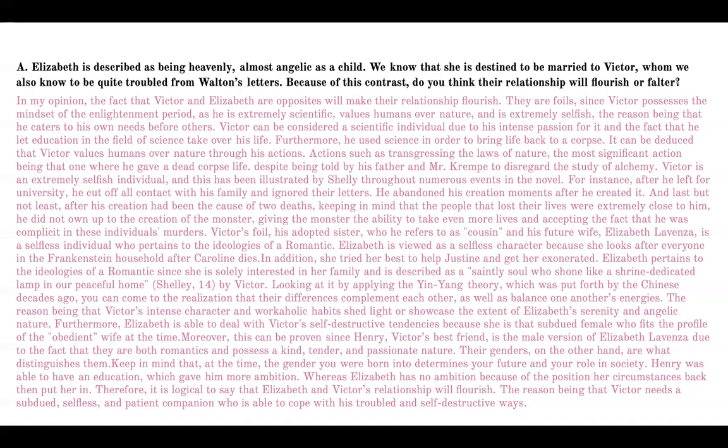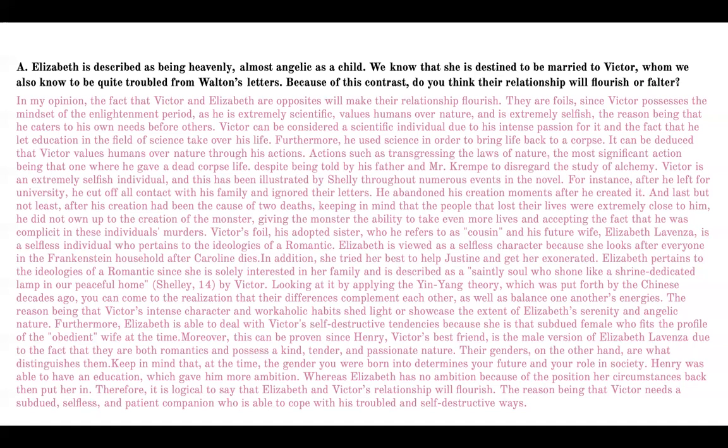They weren't strangers, they were really close to him, and he did not own up to the creation of the monster, giving the monster the opportunity to take even more lives and denying the fact that he was complicit in these individuals' murders. So basically, Victor is a selfish character, and he really values science and learning instead of nature, and he neglects everyone else for his own benefit.